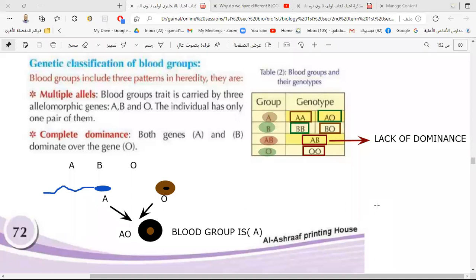In the case of A with O, and B with O, we have complete dominance. But in the case of A and B together, we have lack of dominance.